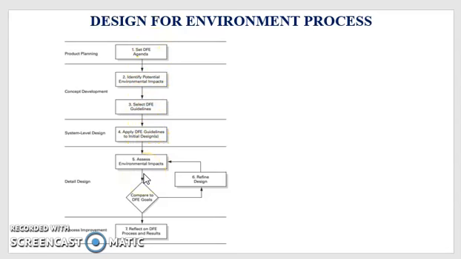A product design and development team takes decisions in all these steps several times, making design for environment an iterative process. Now we will discuss briefly the steps involved in performing design for environment.